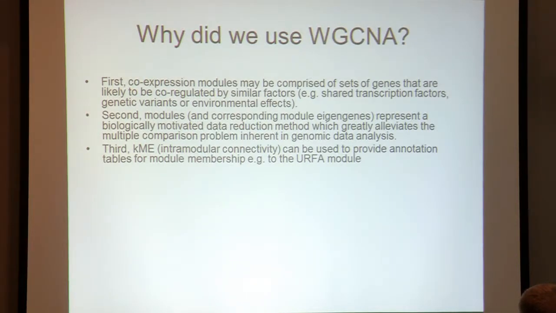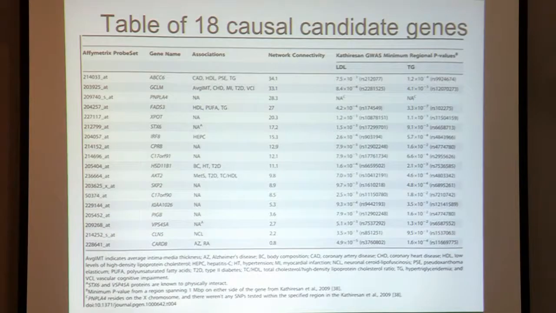Just to remind you, why did we use WGCNA? It was really needed in order to leverage this small data set. It allowed us to find this very exciting module related to hyperlipidemia. We were able to use the KME, the module membership measure, to carry out a functional enrichment analysis for GO ontology categories.